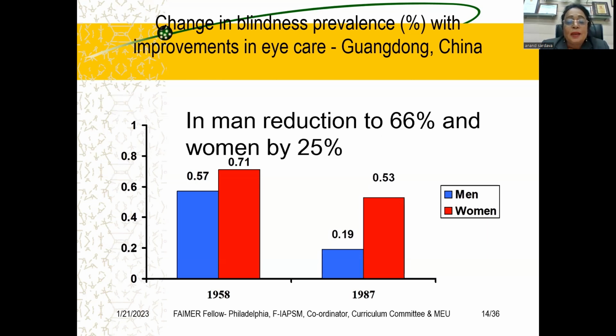This is one example. The reduction in men was 66%, and the lower reduction in women can be explained by differentials in access to and availability of eye care services for women. Not only with blindness, in other programs also we find a similar picture, and so we need women-specific programs.